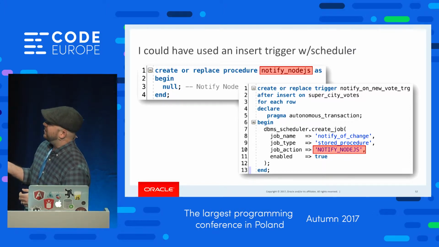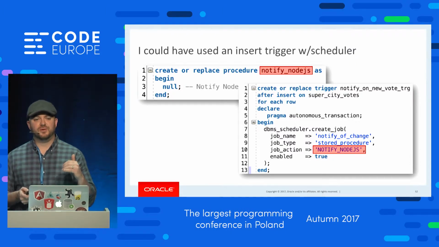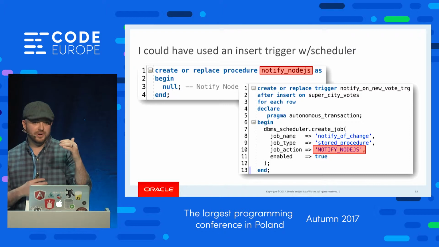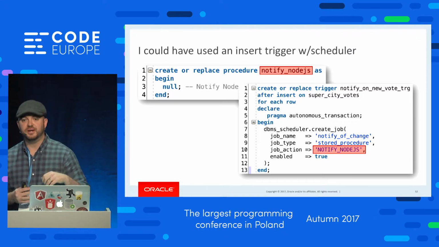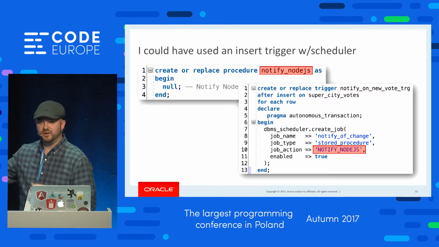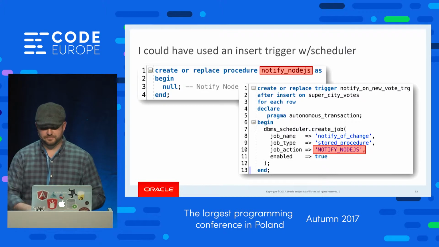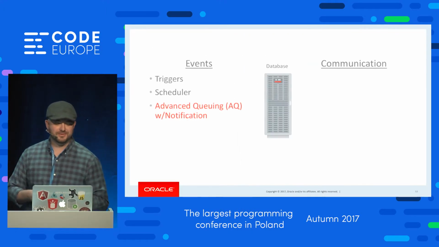So then I can say, create a job, and it's going to call a stored procedure, and here it is. So now, when there's an insert, rather than wait for the network I/O to complete for the insert to complete, it will complete immediately because it's going to do the network I/O using a separate, asynchronous process. So that could work. Maybe not the best choice.